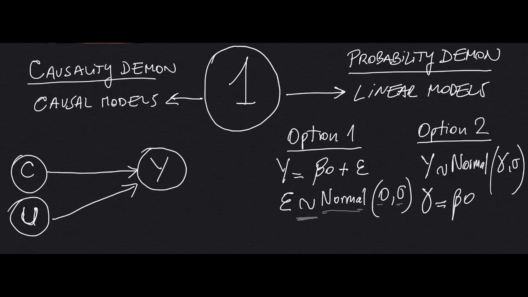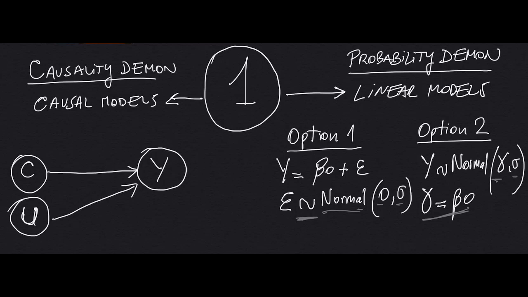So option 2 indicates that the random variable Y follows a normal distribution with two parameter values, gamma and sigma. And gamma we are saying has a fixed value, which is beta 0, and sigma we are going to estimate from the sample.